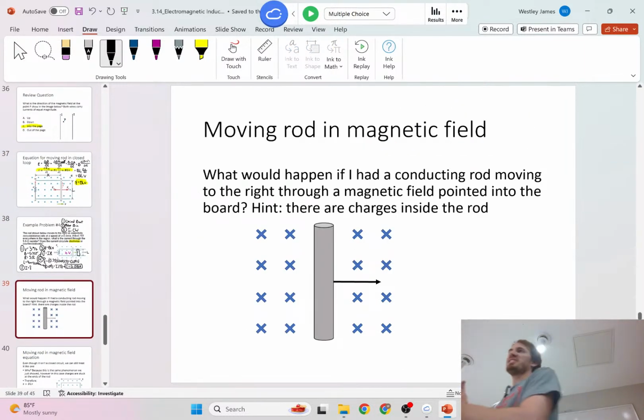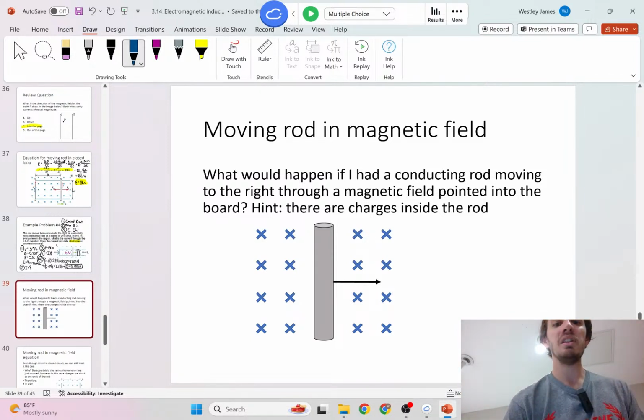Okay, so this is where we're getting to the really interesting, kind of crazy case. What would happen if I just had a conducting rod moving to the right through a magnetic field pointed into the board? What's really cool is there's no loop in this picture, but something's going to happen. And why is something going to happen?